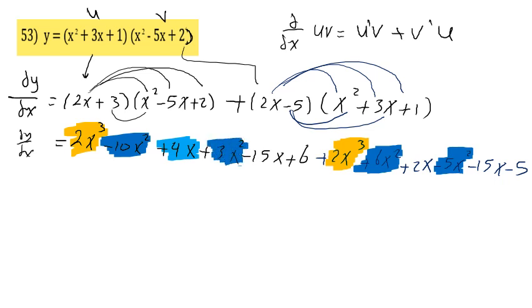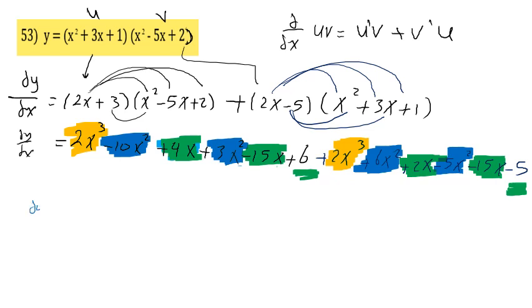And 3x squared, and then 4x with 2x, this one is in green with negative 15x and negative 15x, finally negative 5 and positive 6.